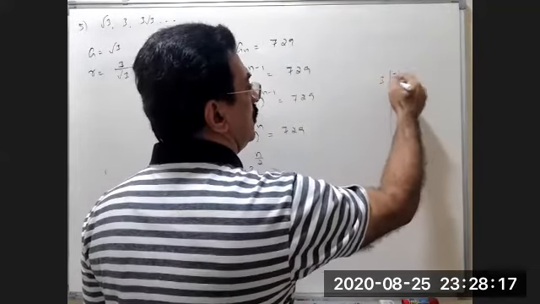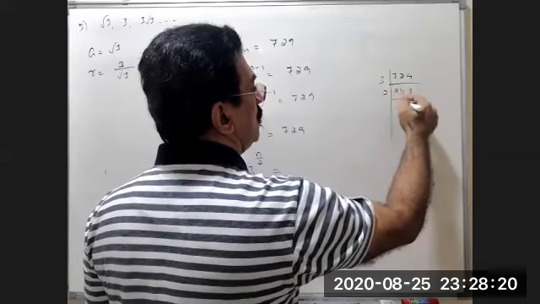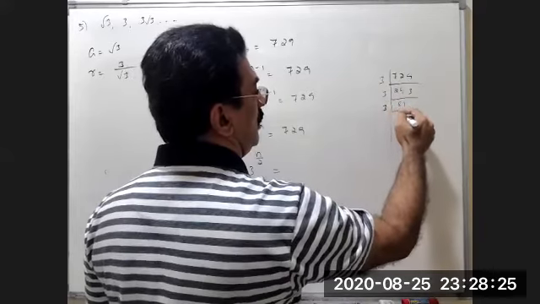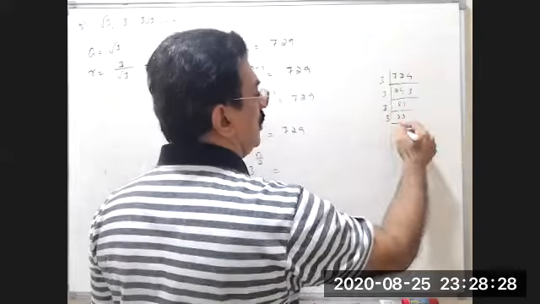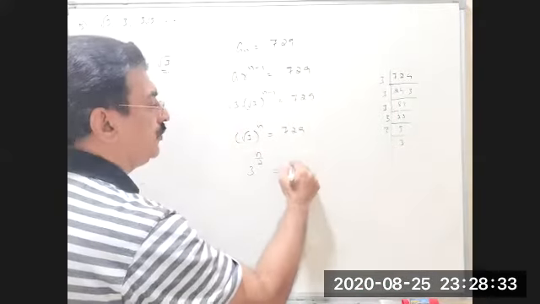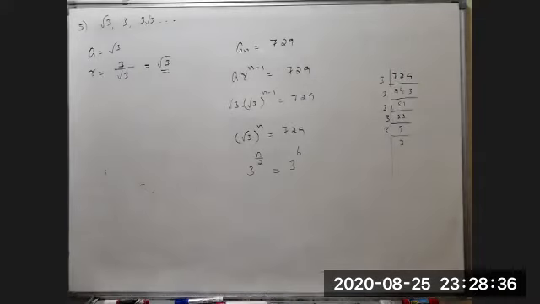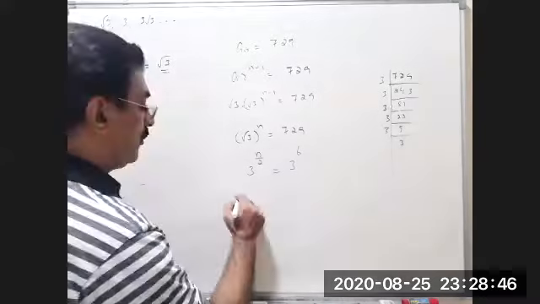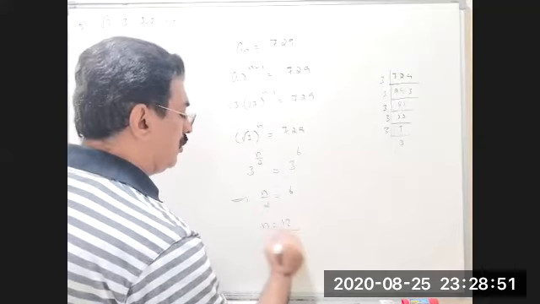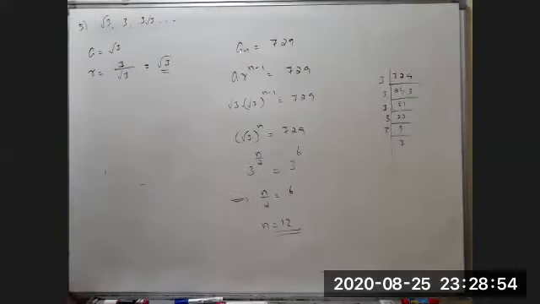How many 3's? 3, 243, 81, 3, 27, 3, 9, 3, 1. Count: 1, 2, 3, 4, 5, 6. This is 3 raised to 6. So n by 2 is 3 raised to 6, which implies n by 2 is 6, n is equal to 12. That's it.